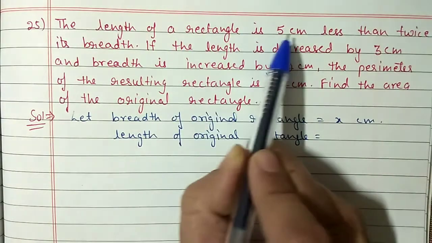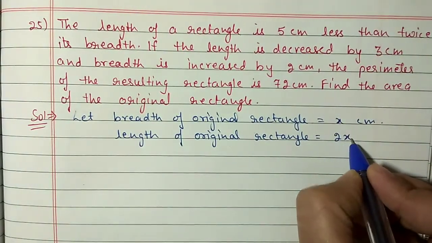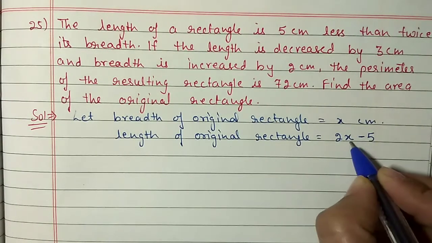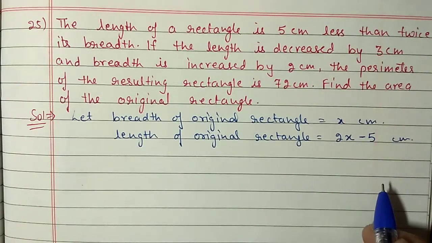Then the length will be: they have given the length is 5 centimeters less than twice the breadth. So twice the breadth, and 5 centimeters less means we have to subtract 5. So the length is 2x minus 5 centimeters. This is the length of the original rectangle.